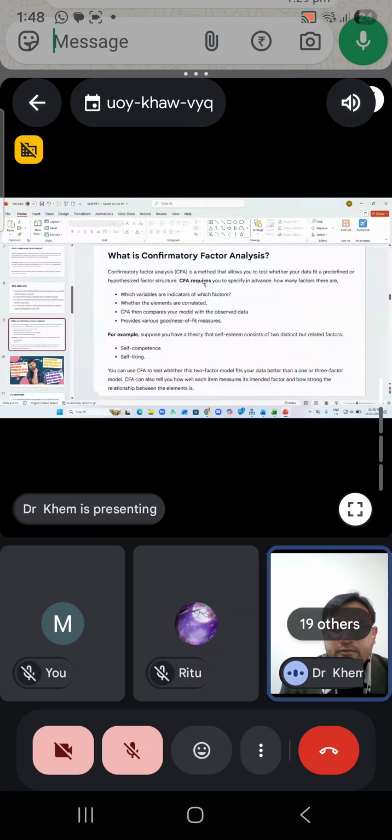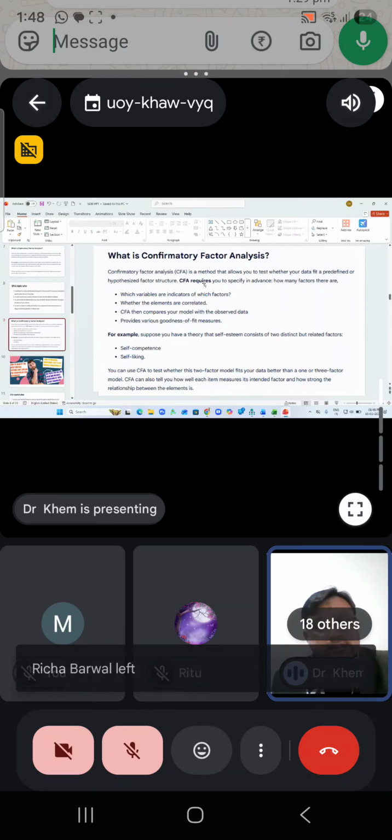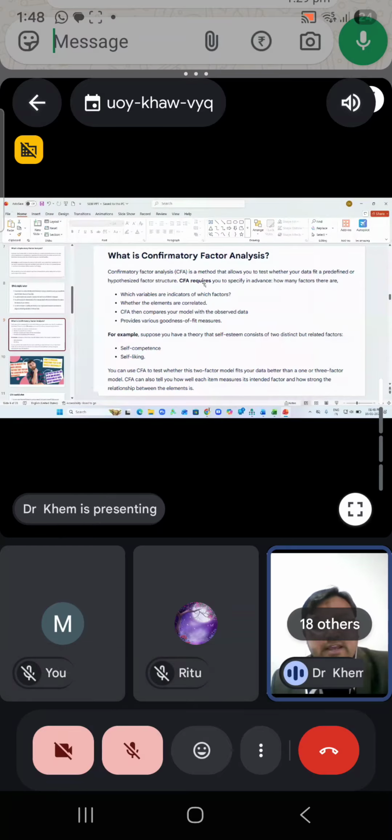So either we explore, when we don't know these factors, and find new factors. That is exploratory. When we talk about confirmatory factor analysis, the factors already exist in our review of literature, and we just verify whether these factors are applicable in my area or sector or not. So which variable is indicated, or which factors.